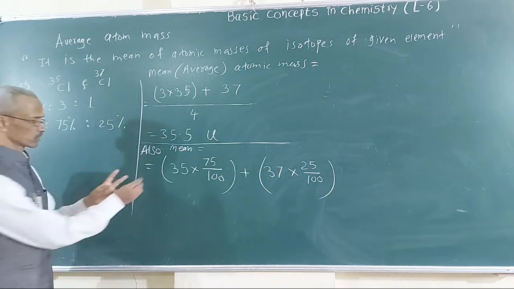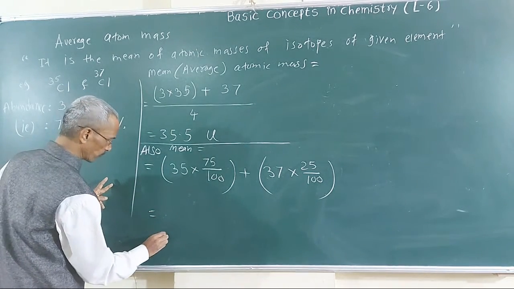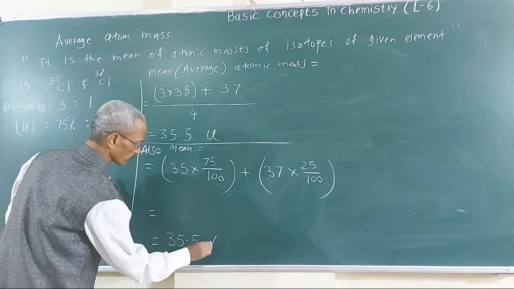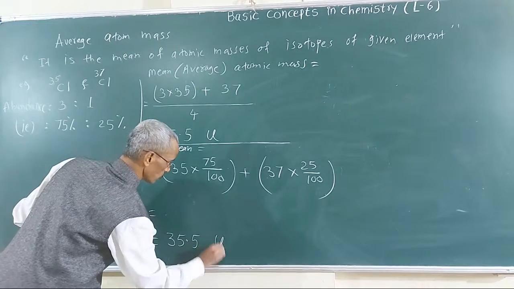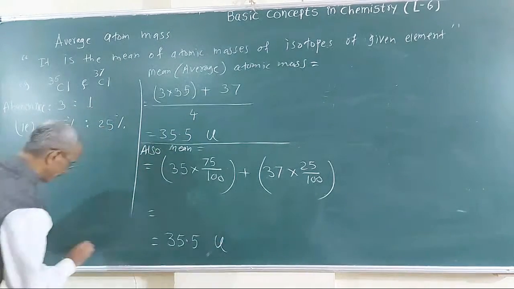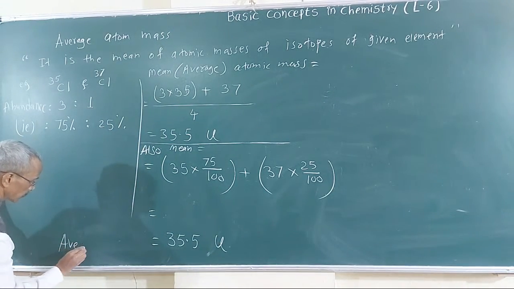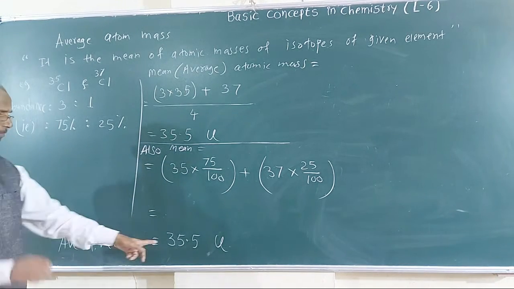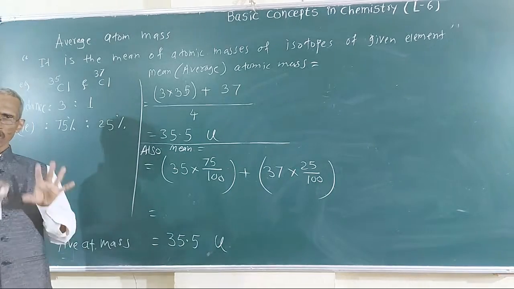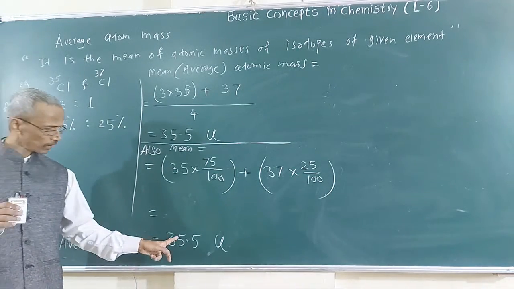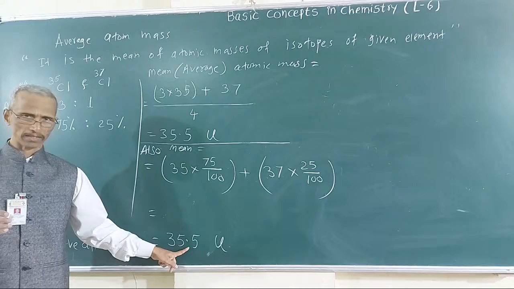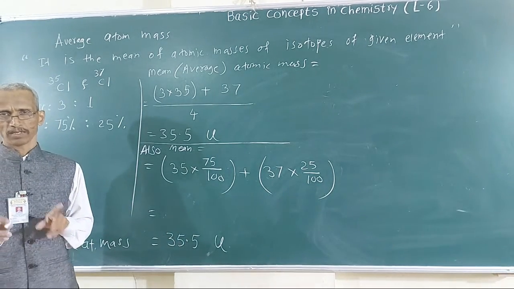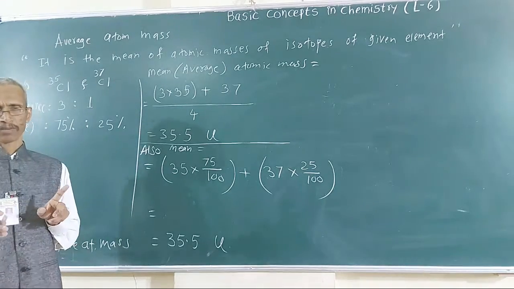One can solve this, and it will also come to be 35.5, which is the average atomic mass. And for your information, this unified mass is taken in grams.